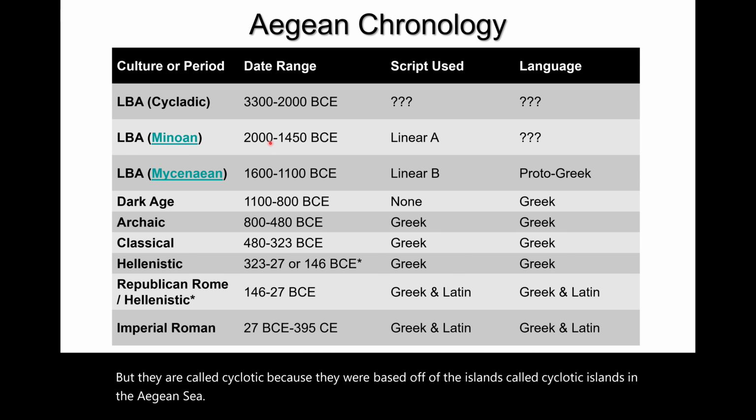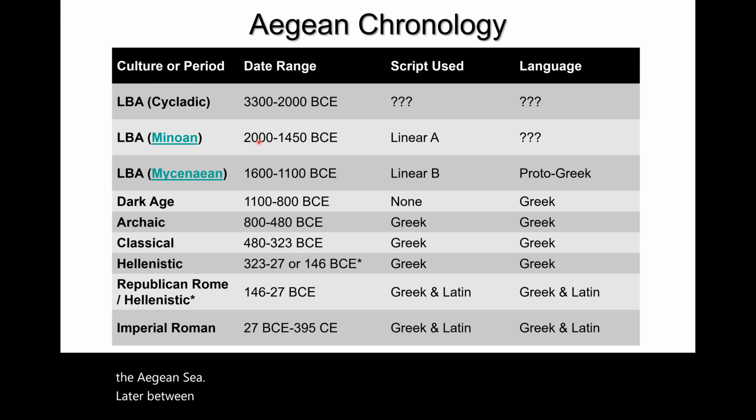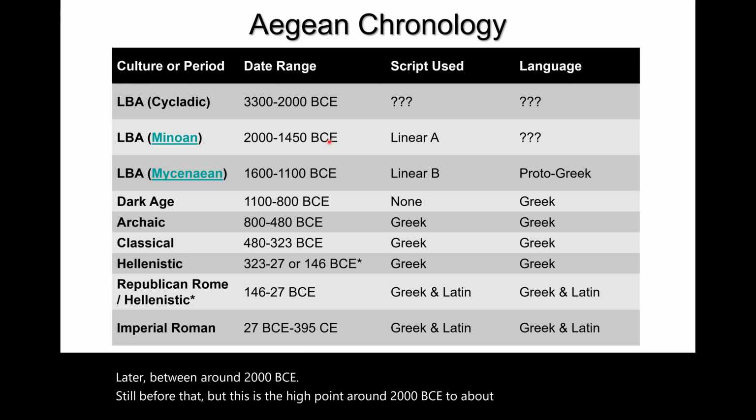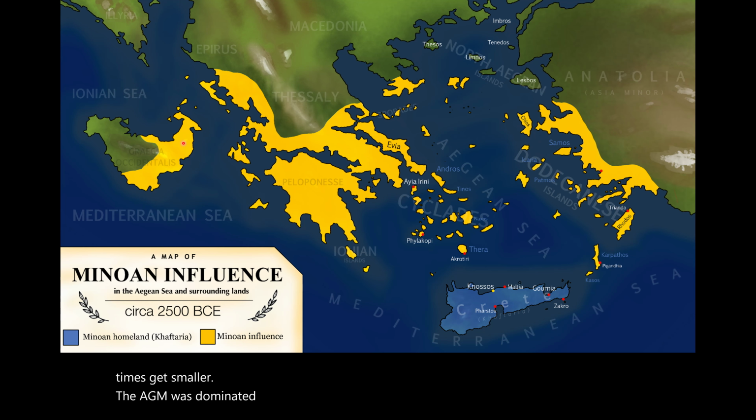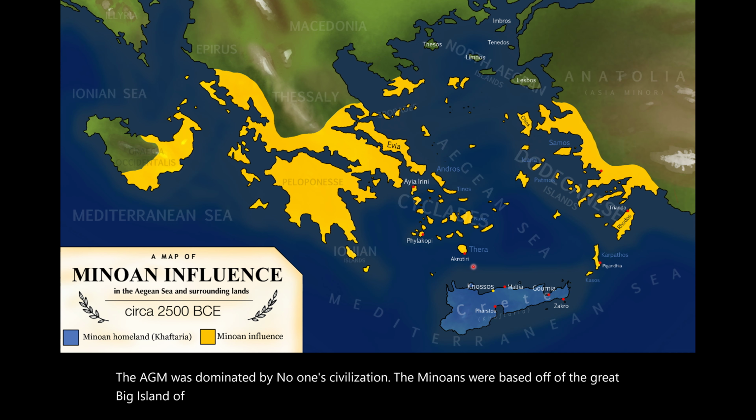Later, between around 2000 BCE, still before that, but this is the high point, around 2000 BCE to about 1450 BCE, again, notice times get smaller, the Aegean was dominated by Minoan civilization. The Minoans were based off of the great big island of Crete, and they asserted their dominance over all of the Aegean.